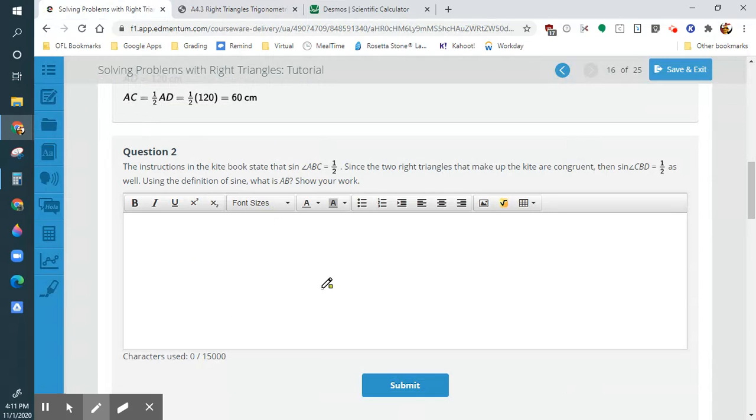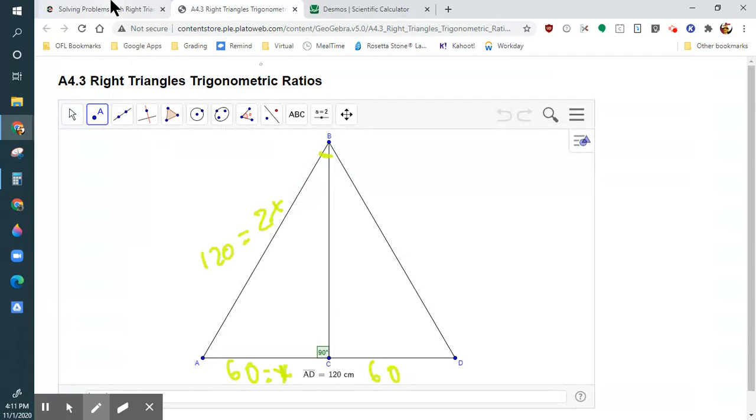All right. Since the two right angles make a congruent sine, they're obviously the same. What is AB?